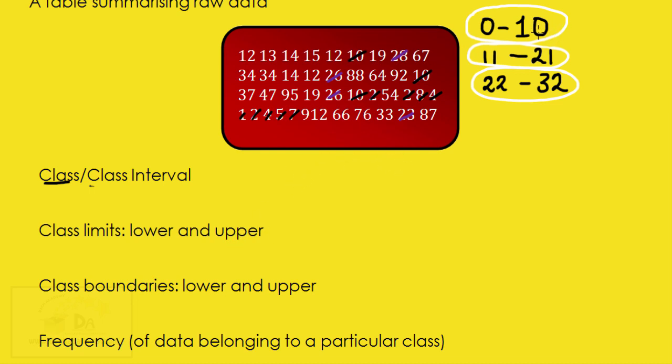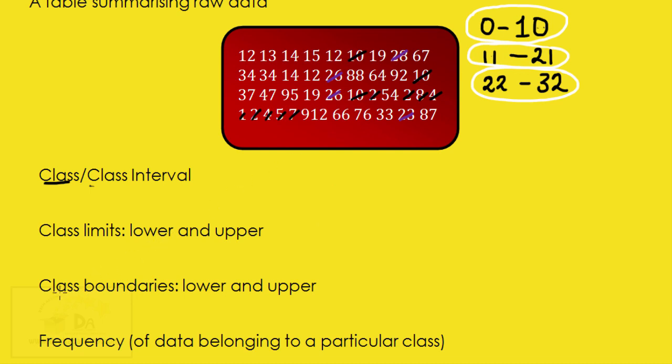And one thing you will notice is that an upper class limit and the lower class limit of the next class are different. You can't have an upper class limit of 10 here and a lower class limit of 10. So you can't say, I'm defining a class from 0 to 10 and then another class from 10 to 21. You can't do that. The upper class limit of a class and the lower class limit of the next class must be distinct. So just keep that in mind.